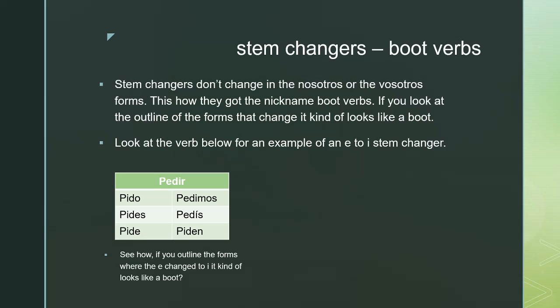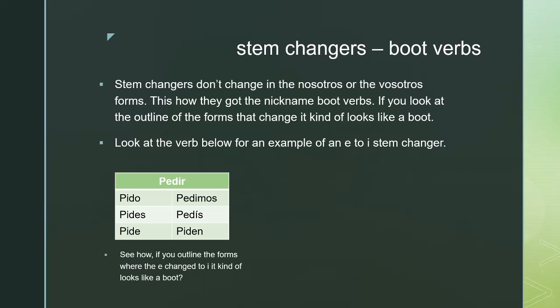So stem changers get their nickname boot verbs because they don't stem change in the nosotros or the vosotros form. So if you were to draw a line around the yo form, the tú form, the usted, él, ella form, the ustedes, ellos, ellas form, it would kind of look like a boot, at least as much as Italy looks like a boot.